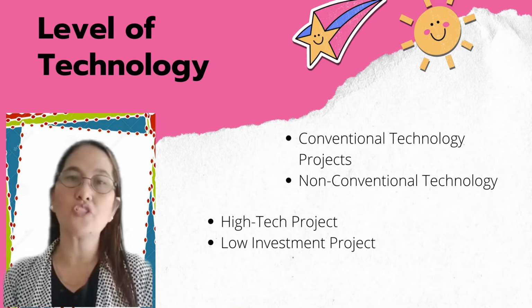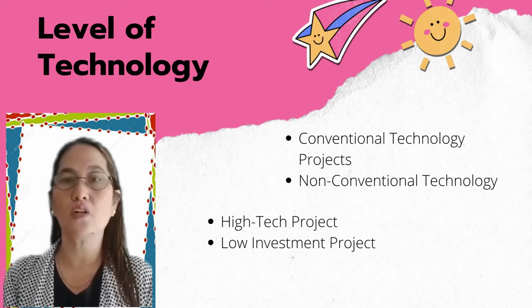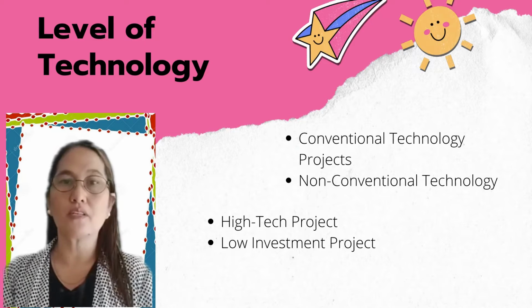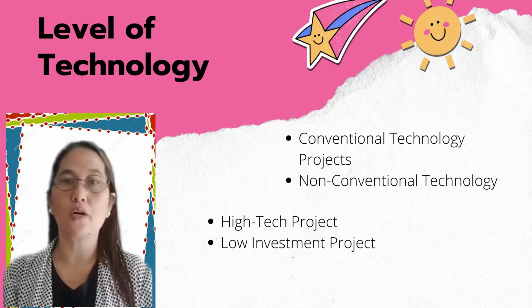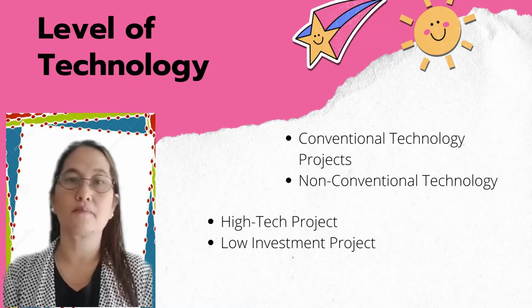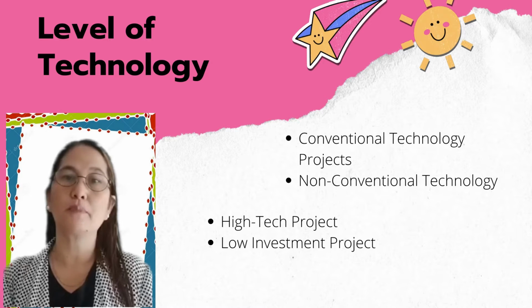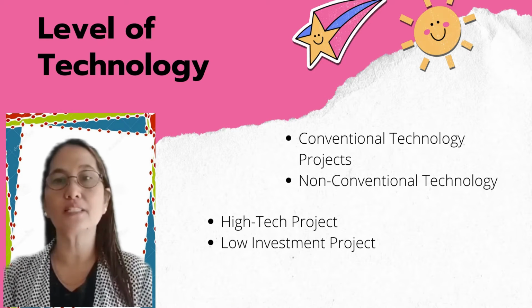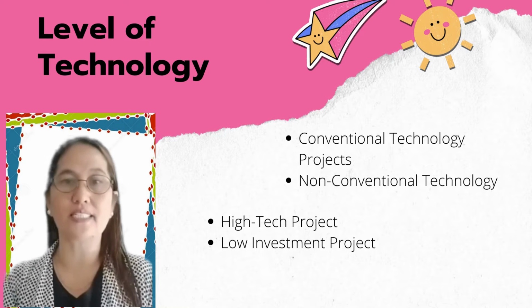While the high-tech projects are those with a large amount ventured in technology. Examples are space projects and the nuclear power project. And the last but not the least is the low investment projects. These types of projects demand low investment in technology, like cosmetics and household utilities.